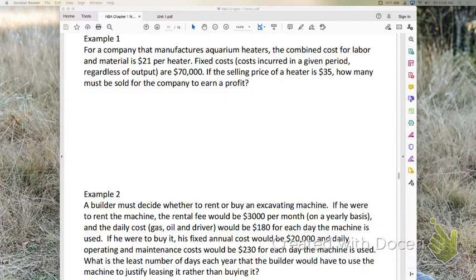If the selling price of the heater is $35, how many must be sold for the company to earn a profit? Just for clarification, when it says earn a profit, does it say how much? No. This is saying greater than $0. Anything greater than $0.